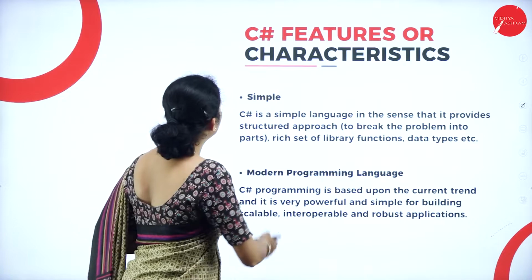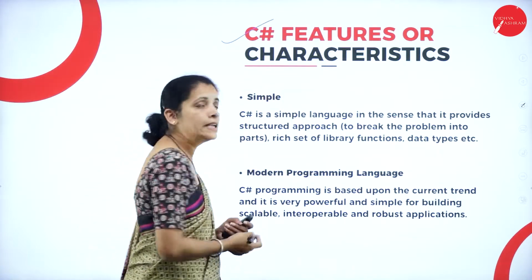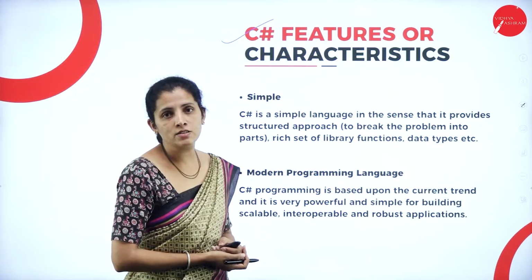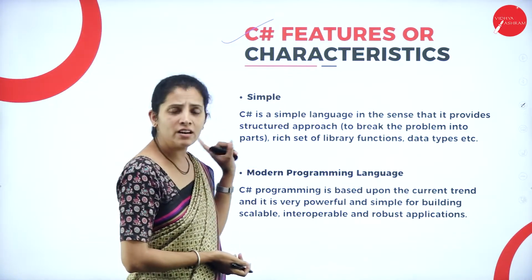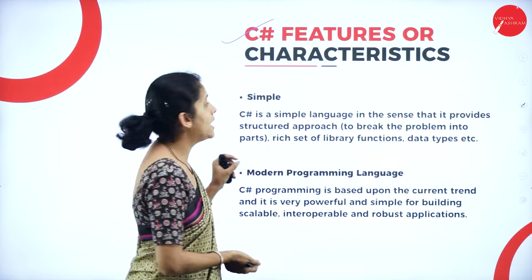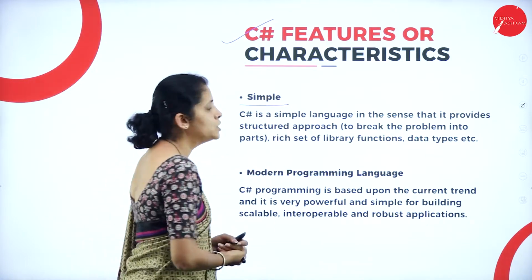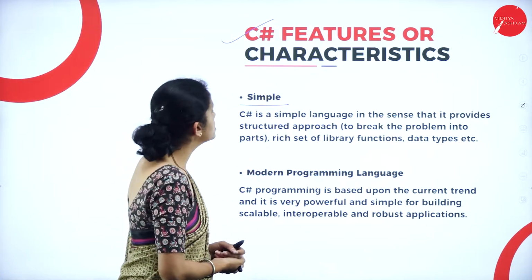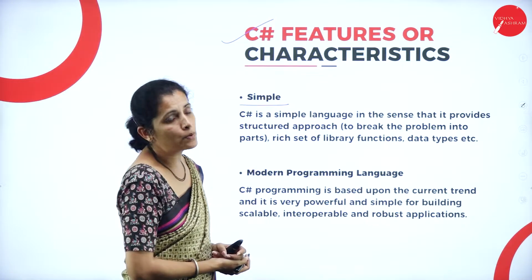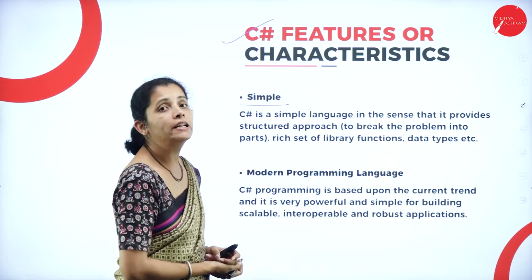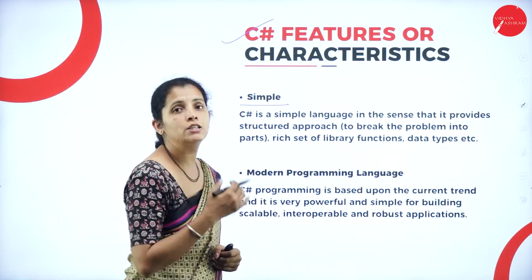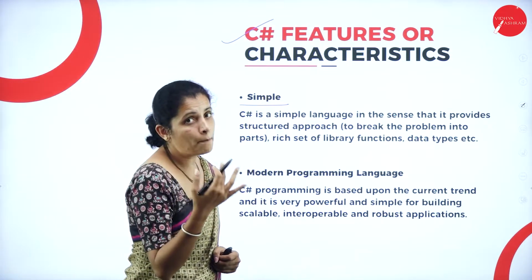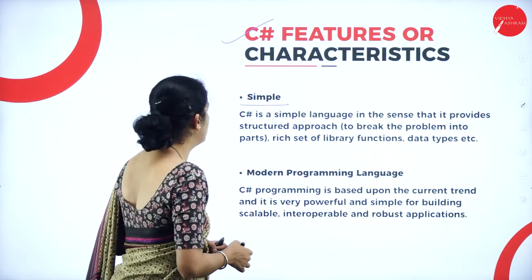Now I have the topic, that is characteristics or features of C# programming. So what is my first characteristic? That is simple. So here C# is a simple programming language, and it is very easy to learn, very easy to write, and very easy to compile as well as debug.